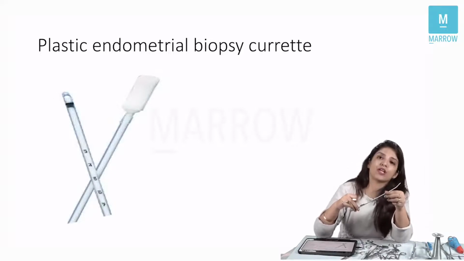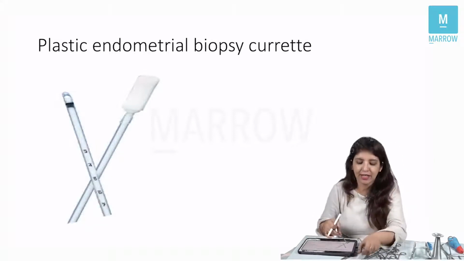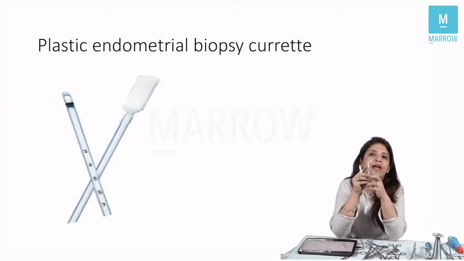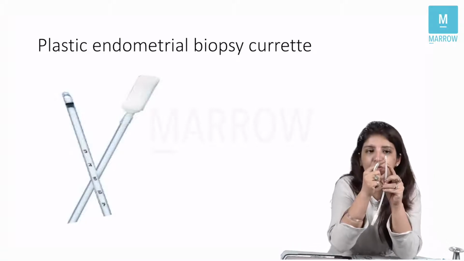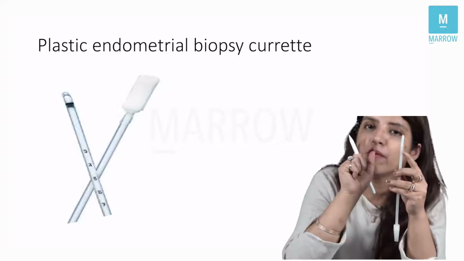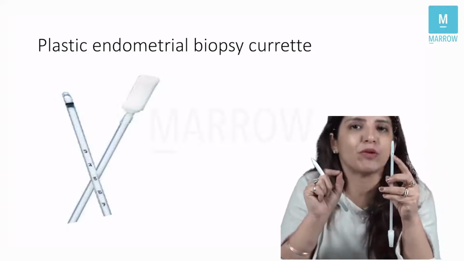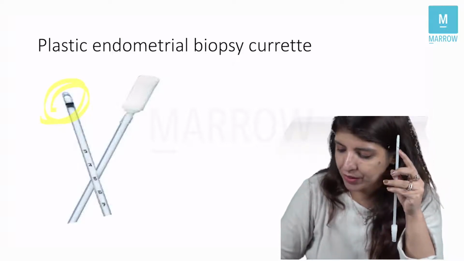The best way to differentiate between an endometrial biopsy curette and a Carman's cannula is that in the Carman's cannula, you get two triangular openings near the tip. I made you see these triangular openings. Can you see one triangular opening and the other triangular opening on the Carman's cannula? But on a plastic endometrial biopsy curette, you will get a single opening near the tip.